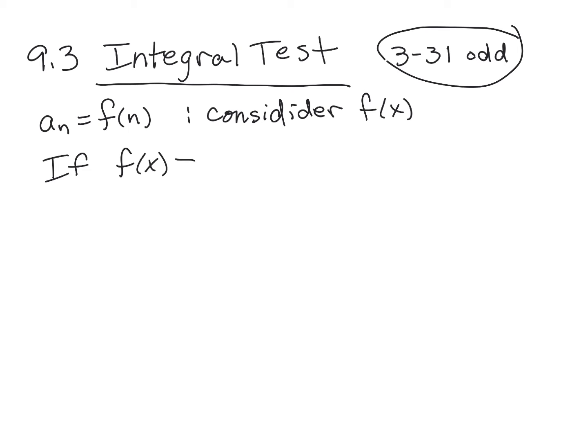If f of x is positive, continuous, no asymptotes or anything on your interval, continuous, and this is the hard one, decreasing. In other words, it's positive and it's always getting smaller. So obviously it's going to go to 0, right? If something is always positive and it's always decreasing, then you're bounded below by some positive number.